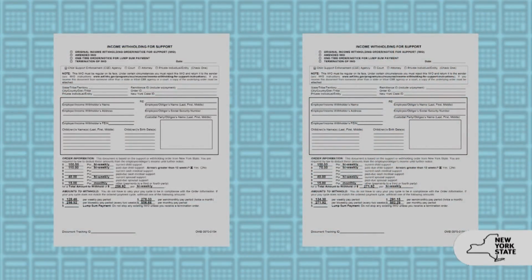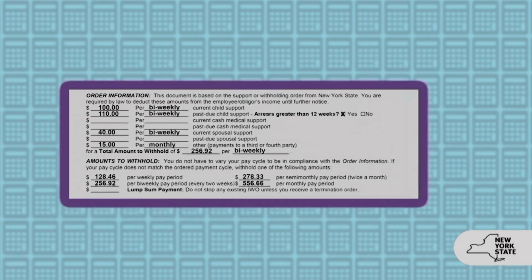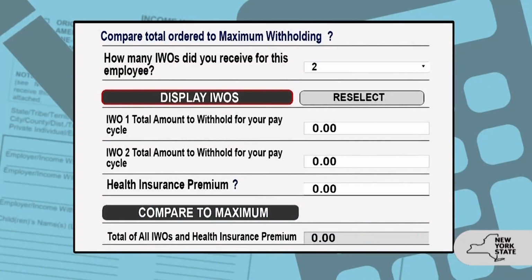Next, go to the bottom of each IWO to find the total amount to withhold. Since the payment frequency and our pay cycle are both biweekly, we will use $256.92. Enter that amount into the IWO 1 field.